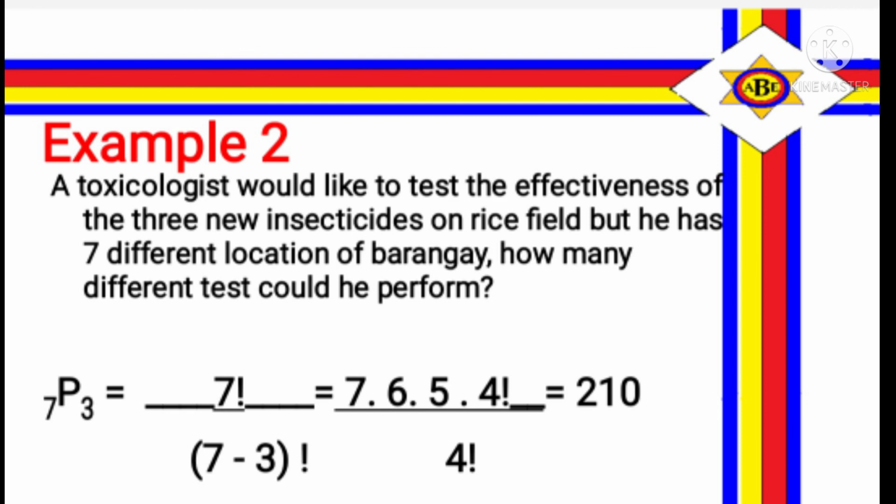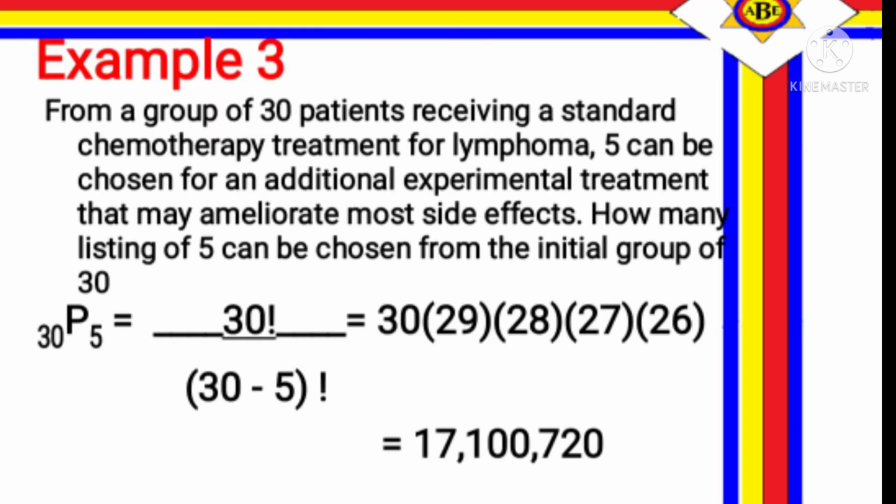For the third example, we have a group of 30 patients receiving a standard chemotherapy treatment for lymphoma, and 5 can be chosen for an additional experimental treatment that may ameliorate most side effects. How many listings of 5 can be chosen from the initial group of 30? So we have 5 chosen for experimental treatment and 30 in the initial group.